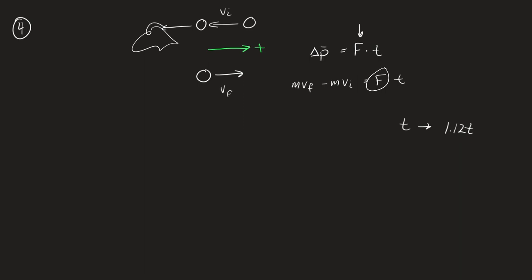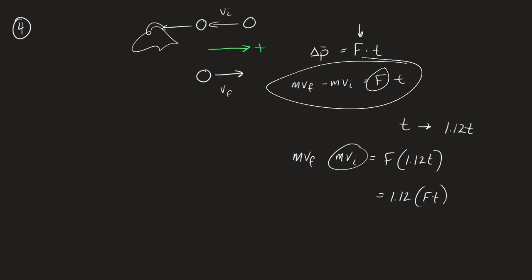If you know that that's true, then the second case is going to be F times 1.12 T, and that's got to be M V final minus M V initial. This stays the same, and this ends up being 1.12 times F T, which you get right here. So you could do it, but I think that's expecting a lot from you guys. But it could be done without knowing the time of contact.